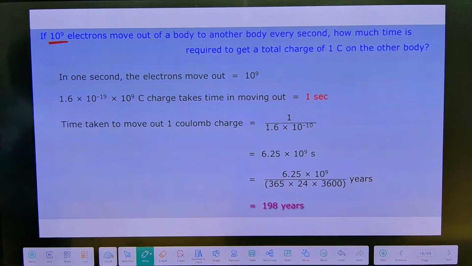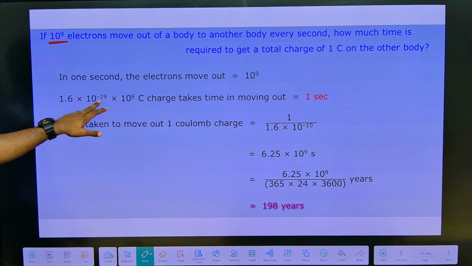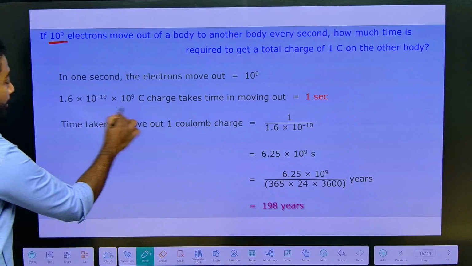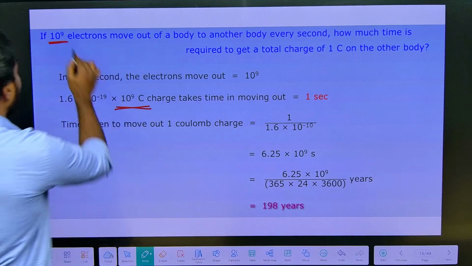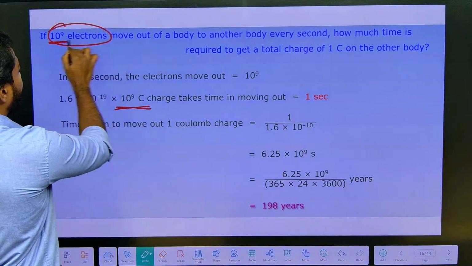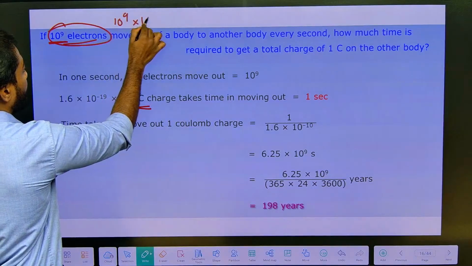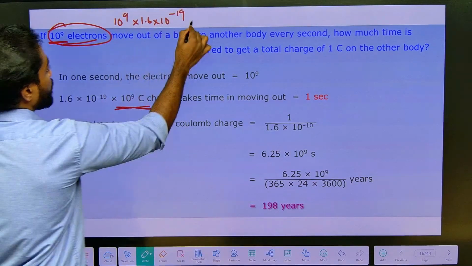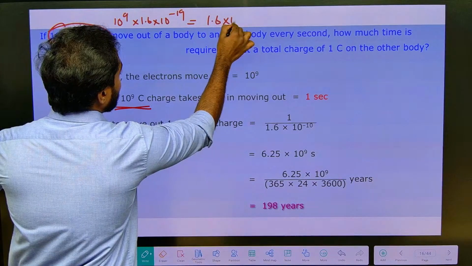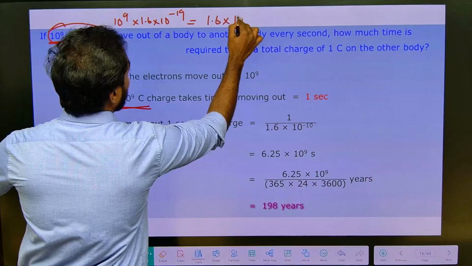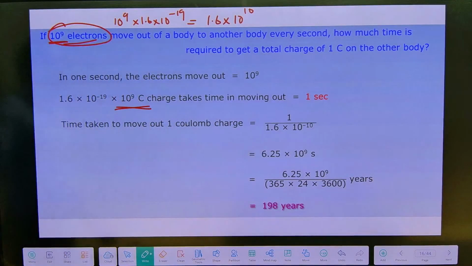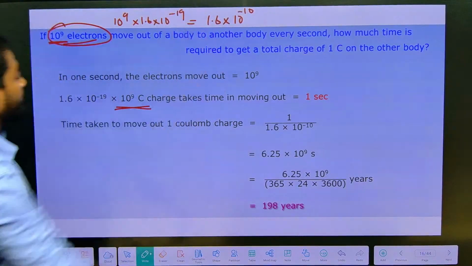So the charge moved in 1 second is 10 power 9 into 1.6 into 10 power minus 19, which gives the value 1.6 into 10 power minus 10, not 10 power 10, it is minus 10.